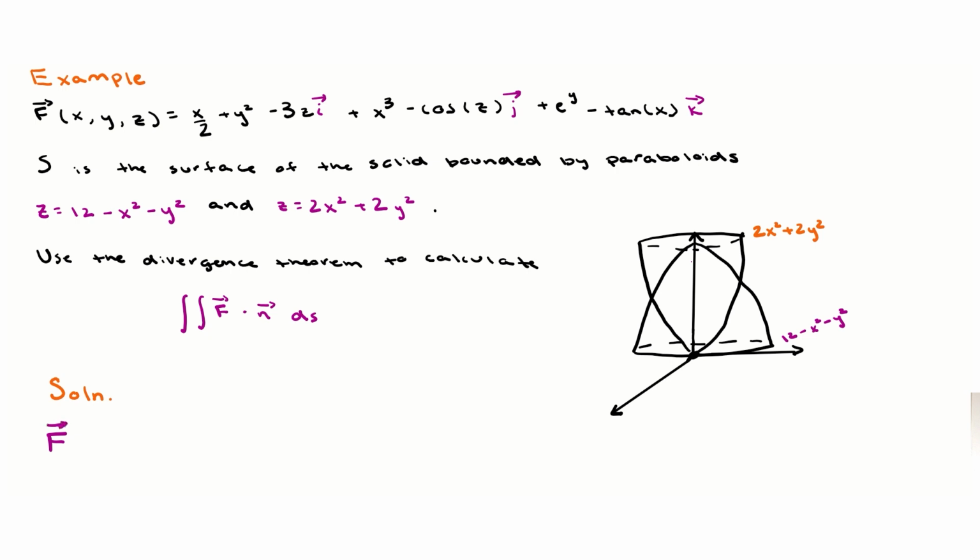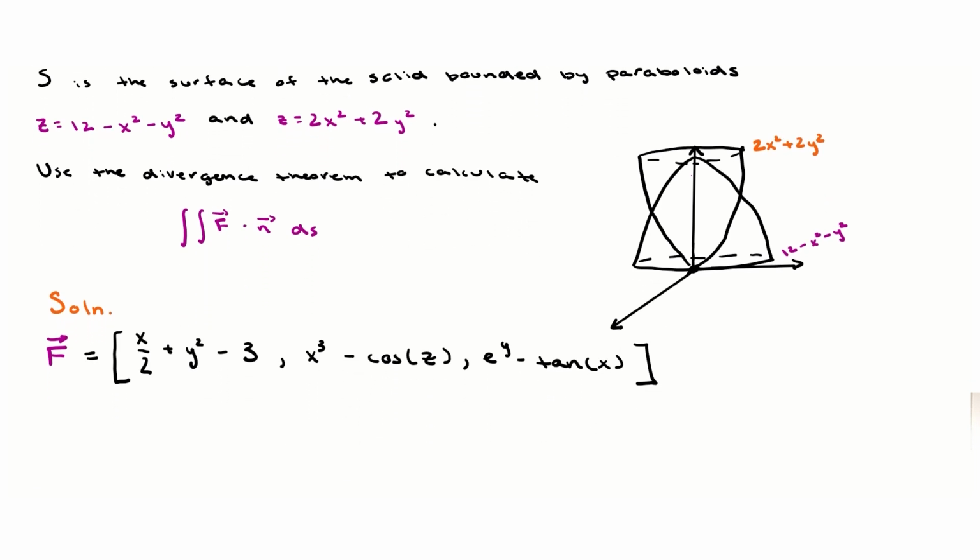We'll start by writing our field as a vector. As a quick refresher, the divergence of our field equals the partial derivative of P with respect to x plus the partial derivative of Q with respect to y plus the partial derivative of R with respect to z.